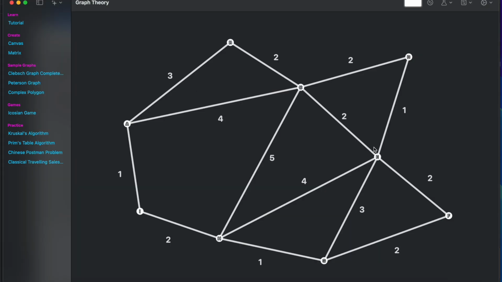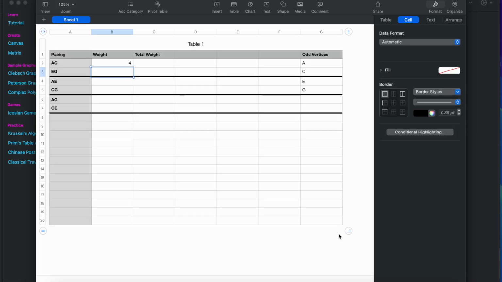And then between E and G, here is E, here is G. The minimum weight is the direct edge of weight 3. So we get a total weight of 7.